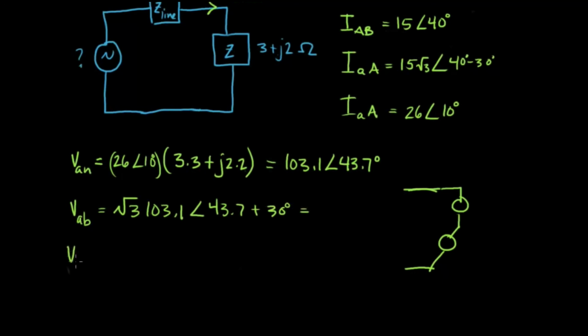Okay, so VAB finally equals 178.57 at an angle of 73.7 degrees.